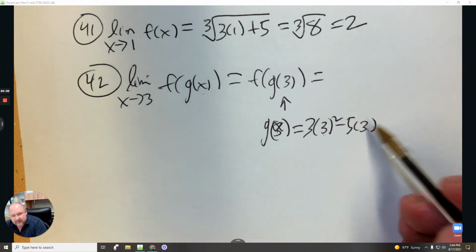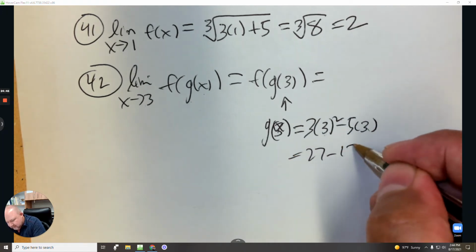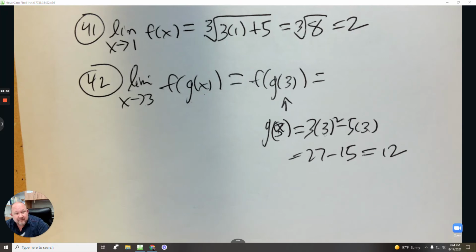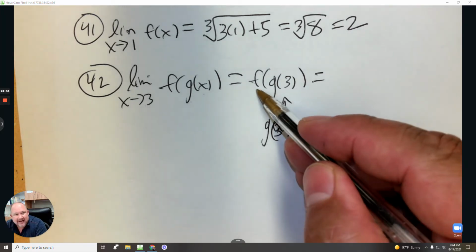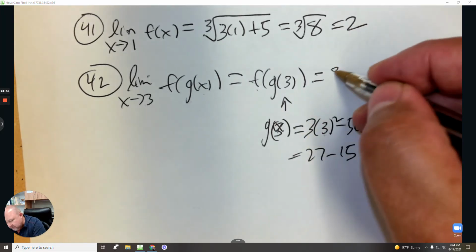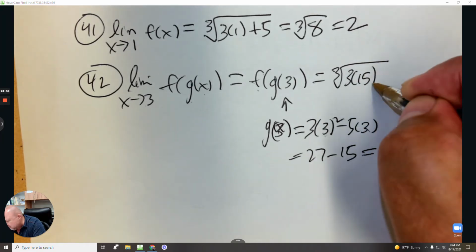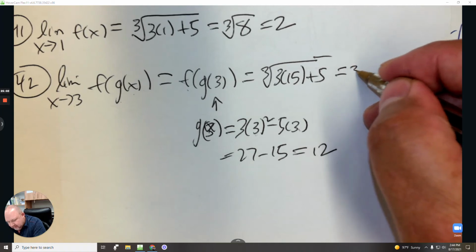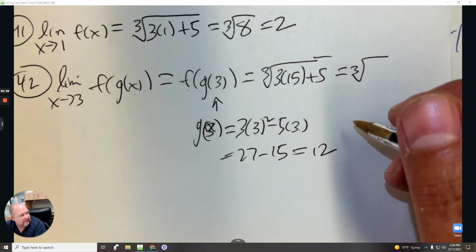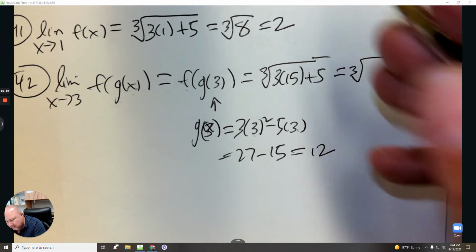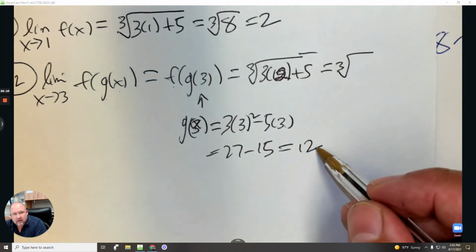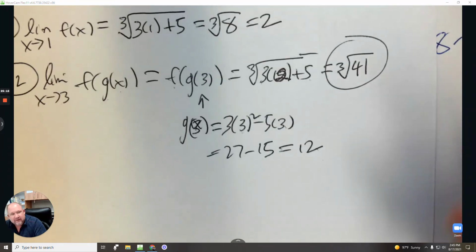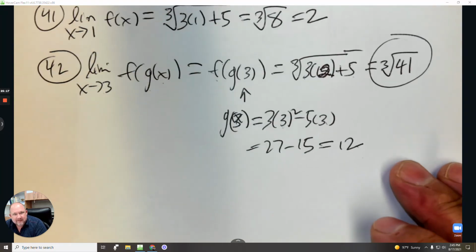So that's 27, take away 15. What is that, 12? And then take that answer and plug it into f. So that's the cube root of 3 times 12 plus 5. 3 times 12 is 36 plus 5, so it's the cube root of 41. All right, 43.